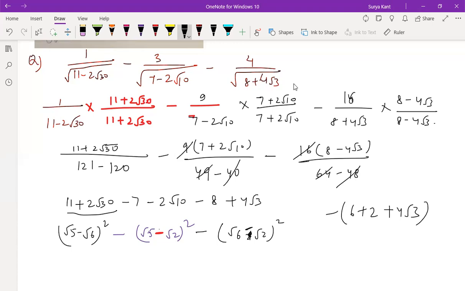No, sir, the original term is root 8 plus 4 root 3, right? But here we opened that, so plus 4 root 3 plus. If you write in bracket, something you're writing means. No, sir, I'm telling you directly, you do it from there only. Acha, directly here. Yes, sir. So that only we should write root 6 minus root 2 whole square, correct? No, sir, at the starting of the question only. Acha, here. Oh, yes, sir. Starting only here you can say. Yes, sir, that's what I was saying.